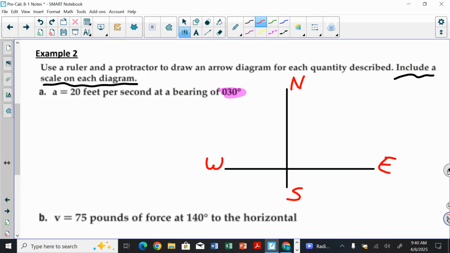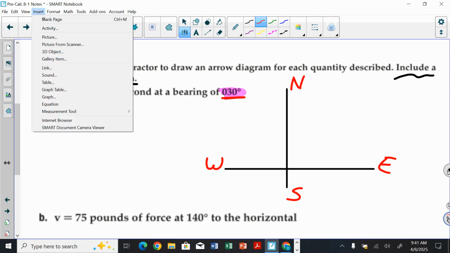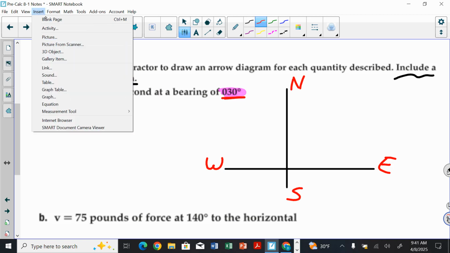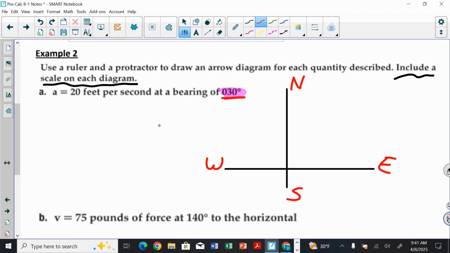Okay? Now, we know that I'm going 30 degrees, okay, 30 degrees right here from the north, since it's a true bearing. It's written as 030. So if I put a protractor in, then I would go from, remember, I'm measuring from the 30 degrees here.